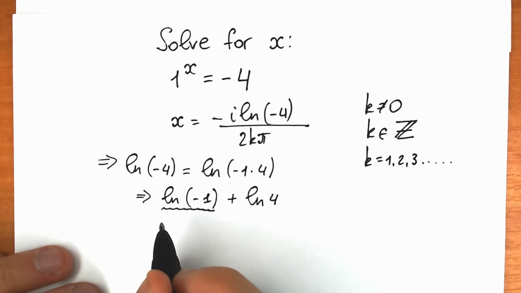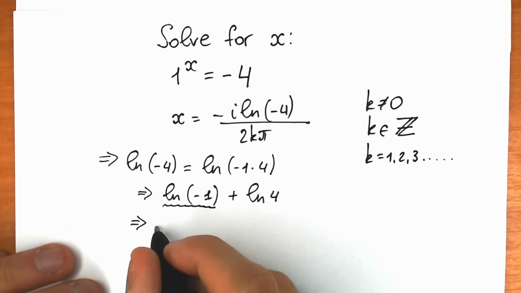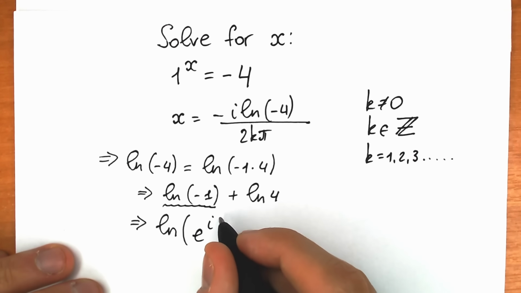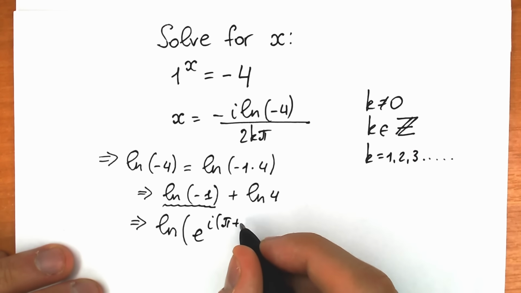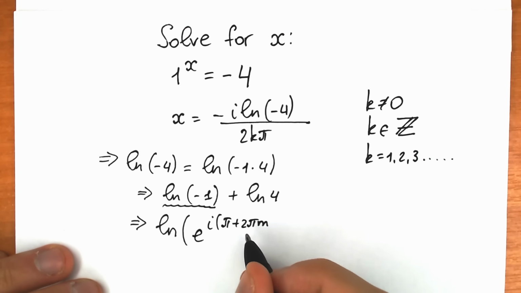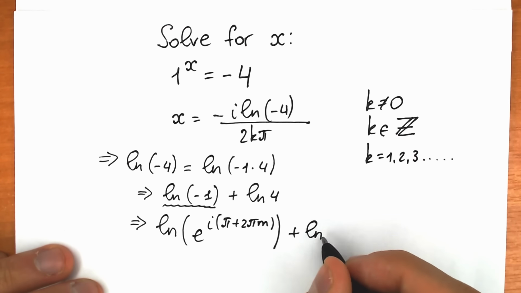But natural log of minus 1 can be written according to Euler's identity. So this is equal to natural log of e to the power i times pi plus 2 pi m, because we need the period here all the time, and m is an integer, okay? And plus natural log 4.